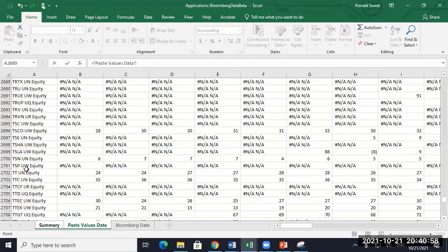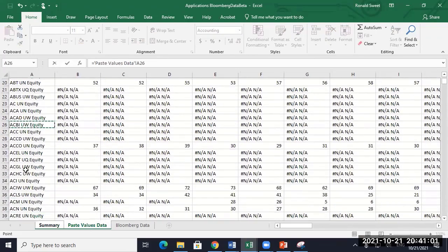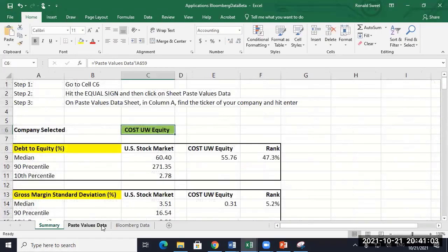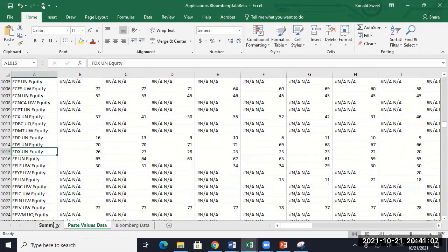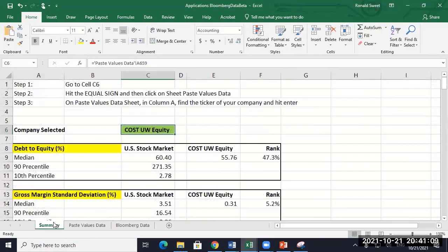I'll do a couple others here. I'll tell you what I'm going to do. Do FedEx. So what would you think before we look? FedEx has a lot of fixed costs because of depreciation, and a heavily unionized workforce.